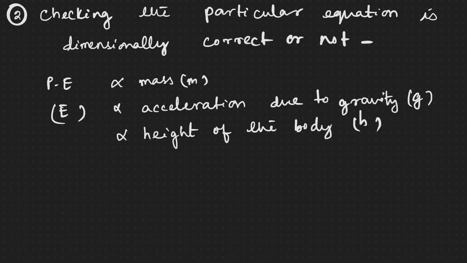So now E would vary as M to the power X, G to the power Y, as we have written in the first equation, you remember, H to the power Z.